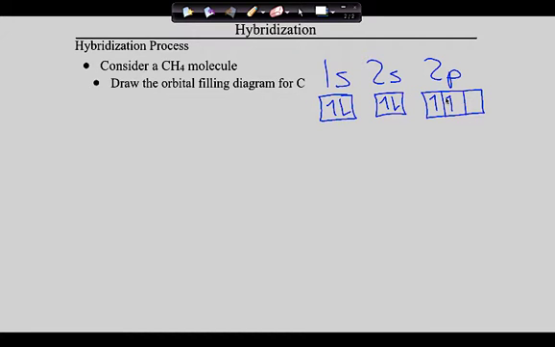Y'all get that? You good? You caught up? Okay. Now do you see why methane shouldn't exist? No? Then draw the Lewis dot structure for carbon. Do it right beneath your orbital filling diagram. Now I'll bet you'll see it.